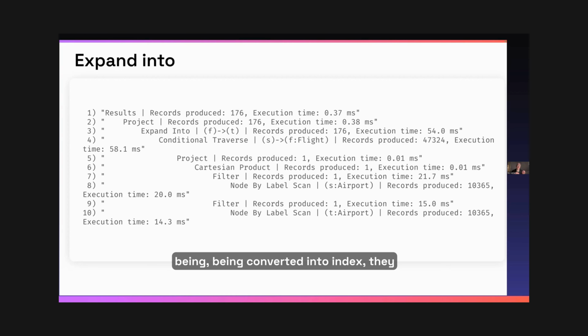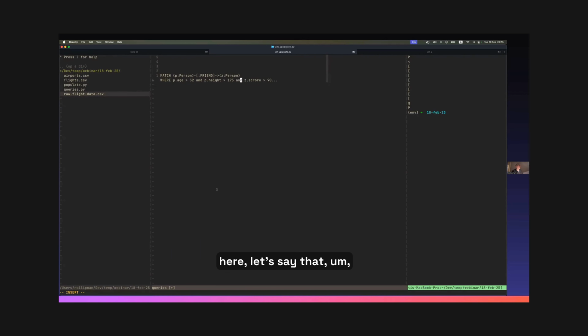And then you can take it even further. Those filters that were not converted into an index are now rejoined, so you don't see filter followed by filter. We recompact them. Here, let's say that z.score was converted to an index, but p.age and p.height have been rejoined into one filter tree. Now there are other optimizations: because there's an AND, there's a left side and a right-hand side of the filter tree.